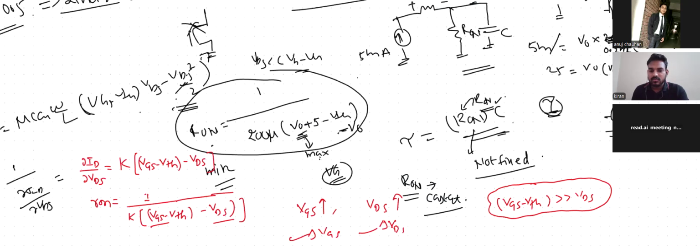Why are you not ignoring Vds, and instead considering V naught here and cancelling V naught? You should ignore it now. Because Vg and Vd are separated by just 5 volts only here, so it should be considerable. It is not a neglecting condition.